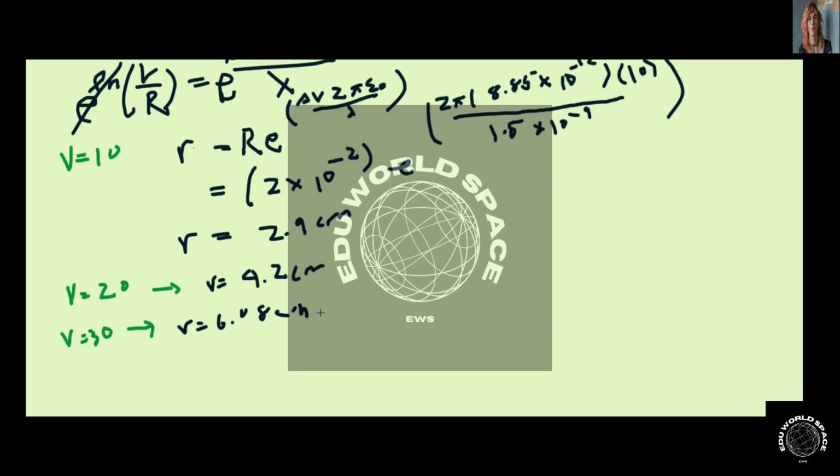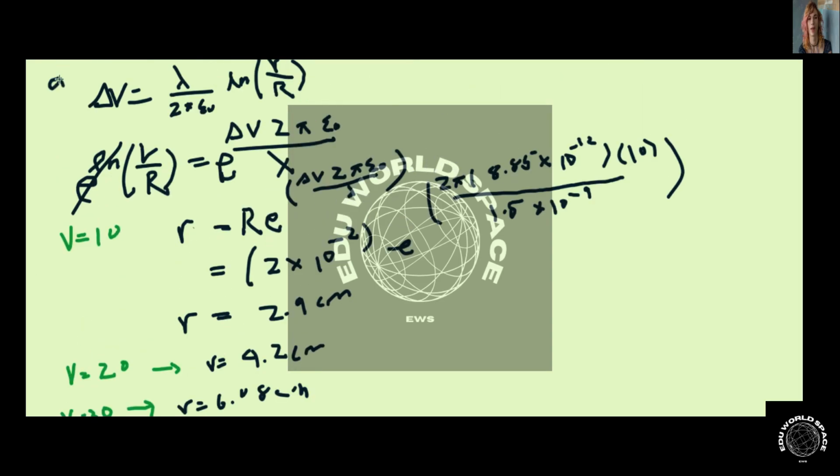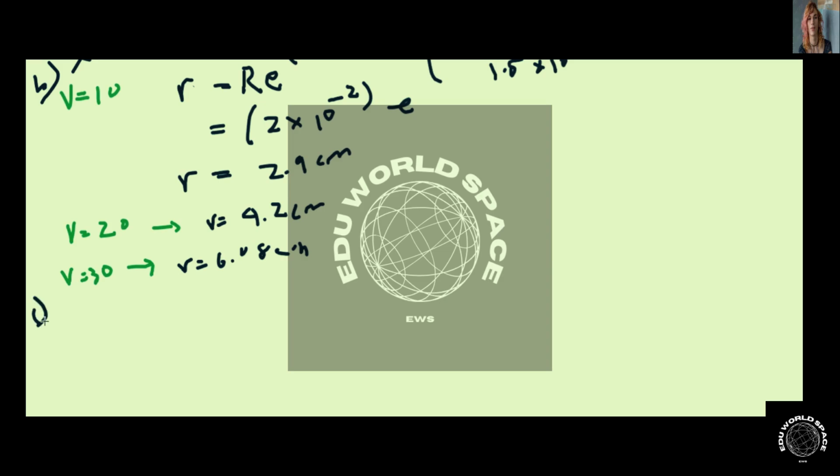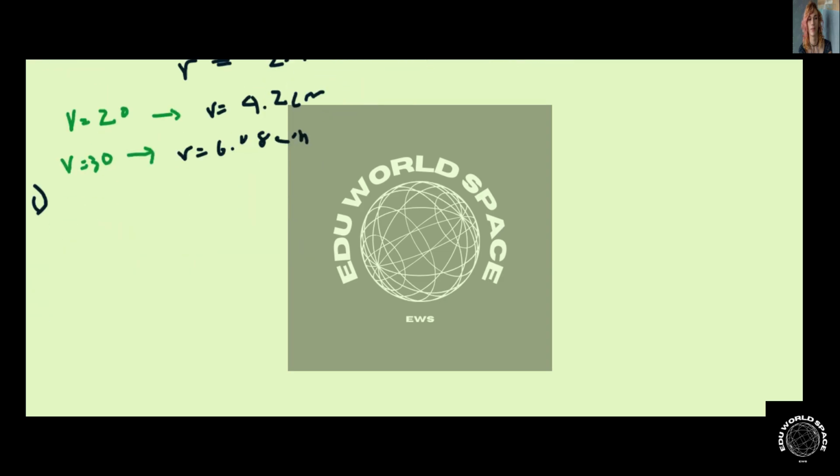And now for the final part. So this is A, this is B, and this is C. To solve for the changes in radius, all we need to do is subtract the initial from the final. So the change in radius 1 is equal to 2.9 minus 2, which is just 0.9 centimeters.